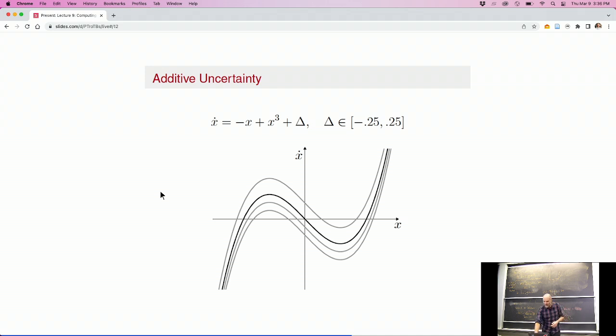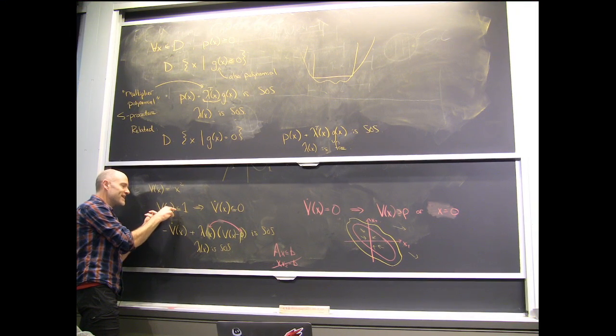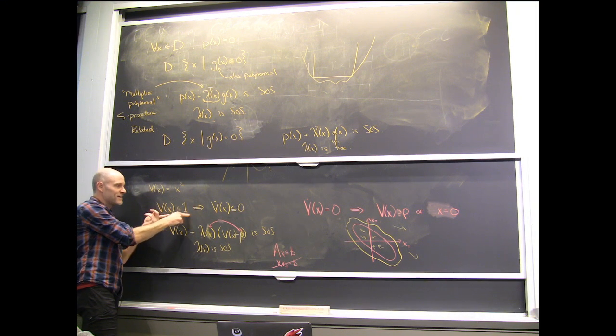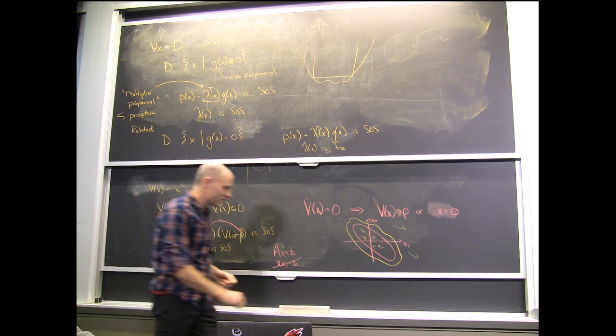Okay, but you can actually check different conditions. Where's the fixed point? You can check different conditions, just saying, instead of saying for all V of x less than rho, I said when V of x equals rho, V dot is less than 0. Let me write that.